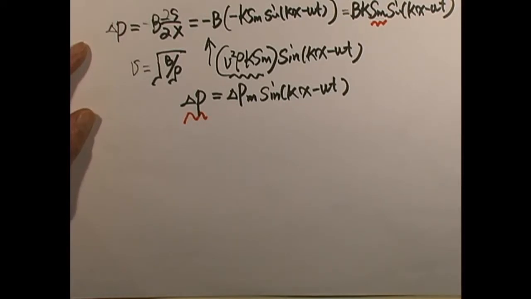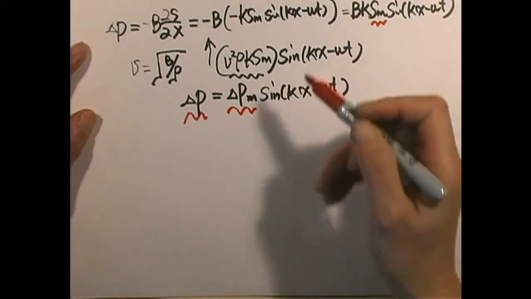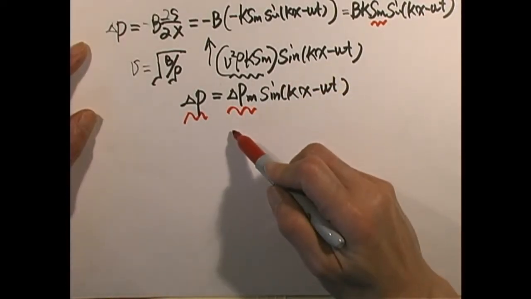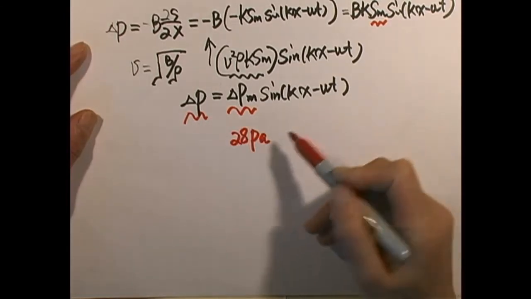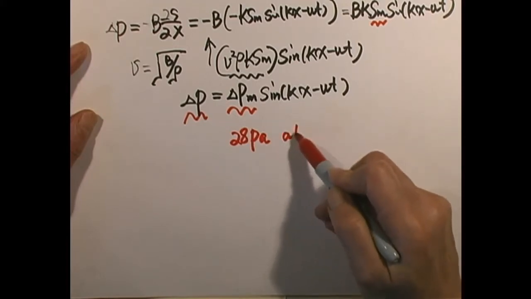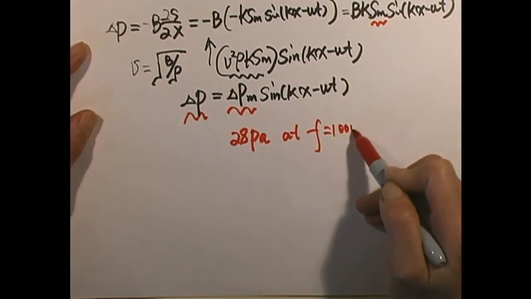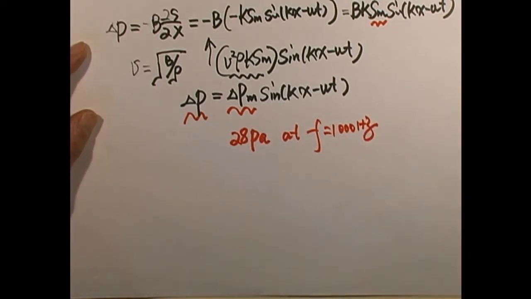The maximum pressure variation delta P_m that the ear can tolerate in loud sound is about 28 Pascal at 1000 Hertz. So let's say the maximum pressure change an ear can tolerate is 28 Pascal, at a frequency of 1000 Hertz. Now, the faintest sound that can be heard at 1000 Hertz has a pressure amplitude of about 2.8 times 10 to the negative 5 Pascal.